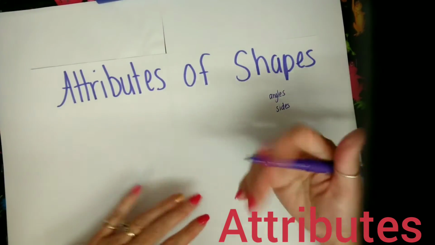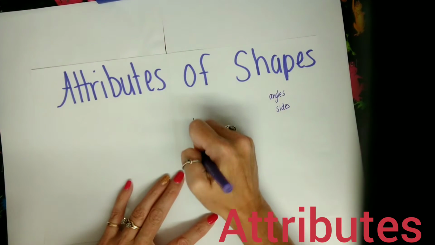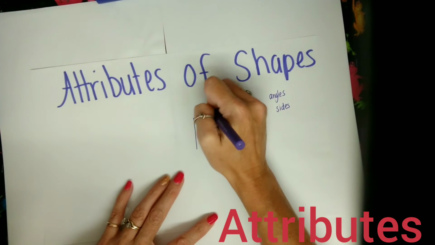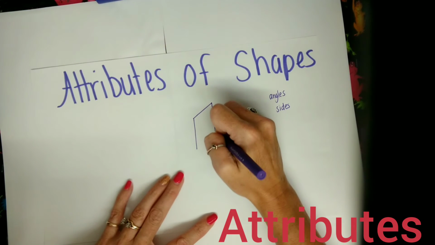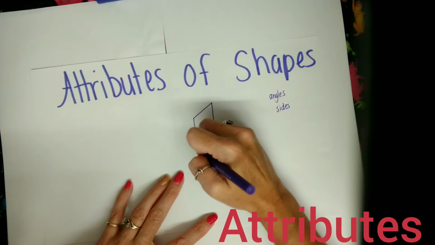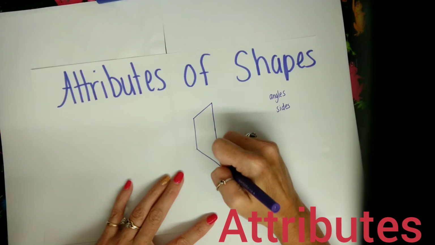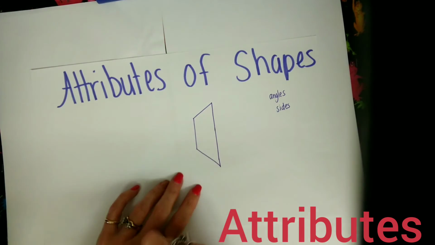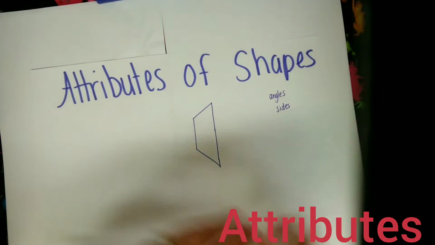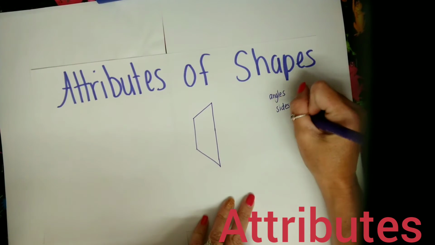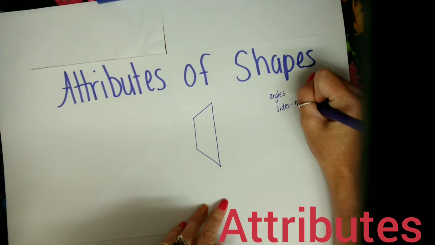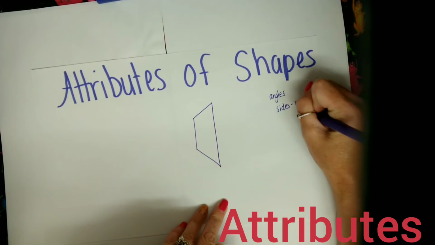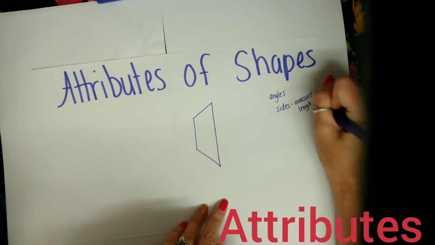So we talked about if I have a shape that looks like this. We talked about the sides, and that would be sides like measure, length, and type.